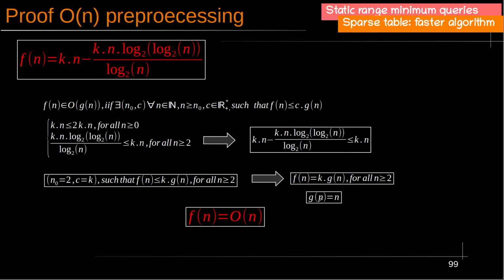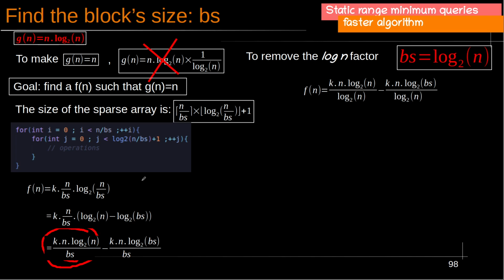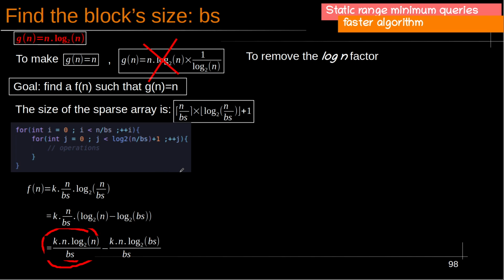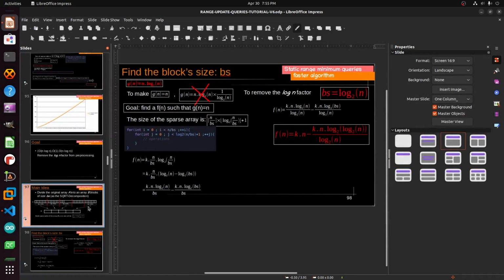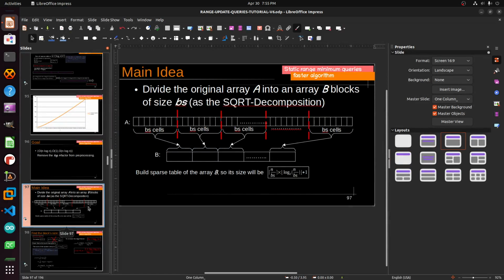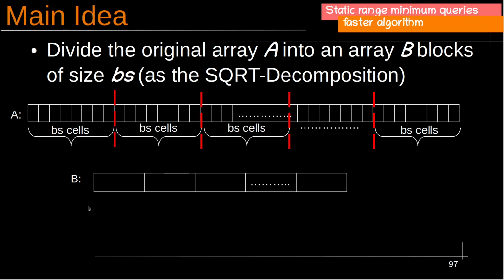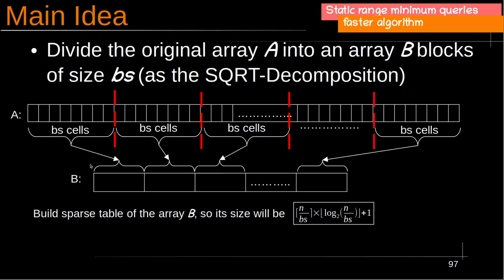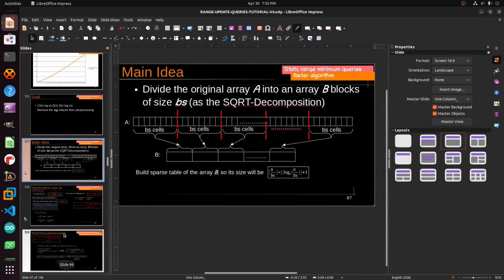We can say that jn is equal to n, so fn is big O of n. We have proved here that the time complexity of the preprocessing on this sparse table is linear. Let's come back to the first slide here. Building this sparse table on the array B, the preprocessing is linear.